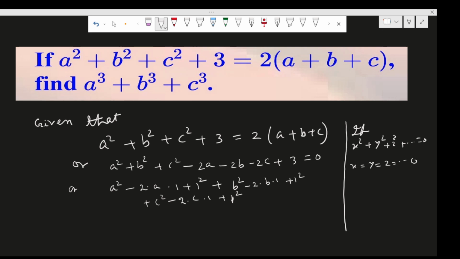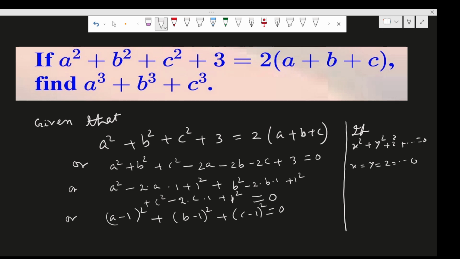Here is the 3 already, so we do not need to write 3 again. So that is equal to 0. Therefore, a minus 1 whole square plus b minus 1 whole square plus c minus 1 whole square is equal to 0.